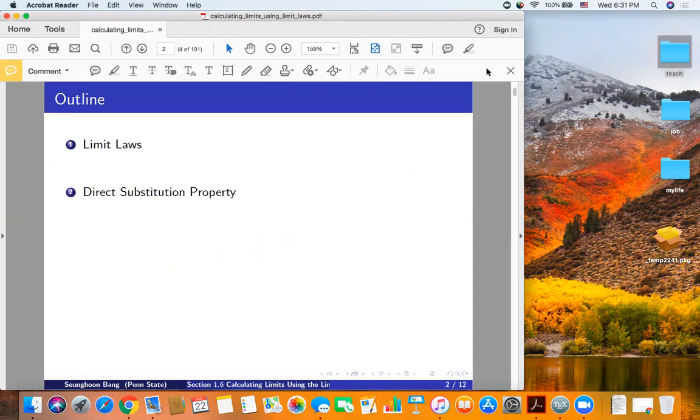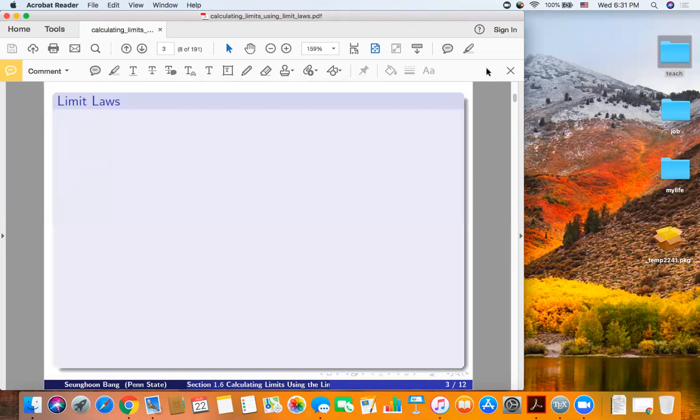Second, the direct substitution property. Third, I want to explain how we can find the limit of f of x over g of x as x approaches a. Fourth, we consider other problems. Last, I'm going to talk about the squeeze theorem. This is section 1.6.